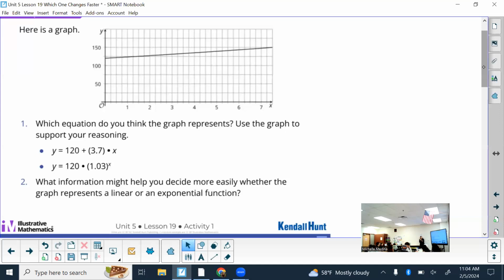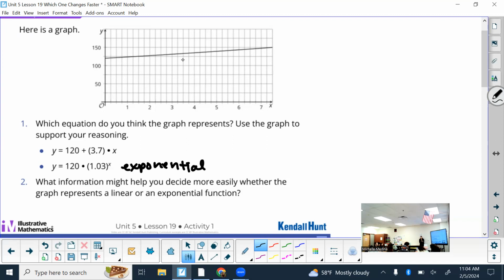Why you put 120 times 1.3? And what type of function is this one? So table 2 is saying that the exponential function best matches the graph.